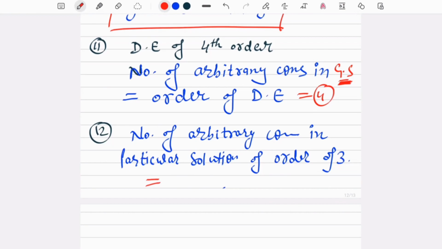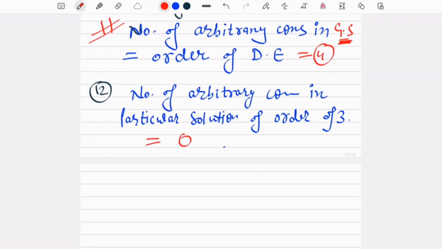Yes, exactly. But read carefully the comment I made here: the number of arbitrary constants in the general solution is equal to the order of the differential equation. And in this question, it is about the number of arbitrary constants in a particular solution. So it is zero, since there are no arbitrary constants. Yes, that is the main key point here, that we are talking about a particular solution.